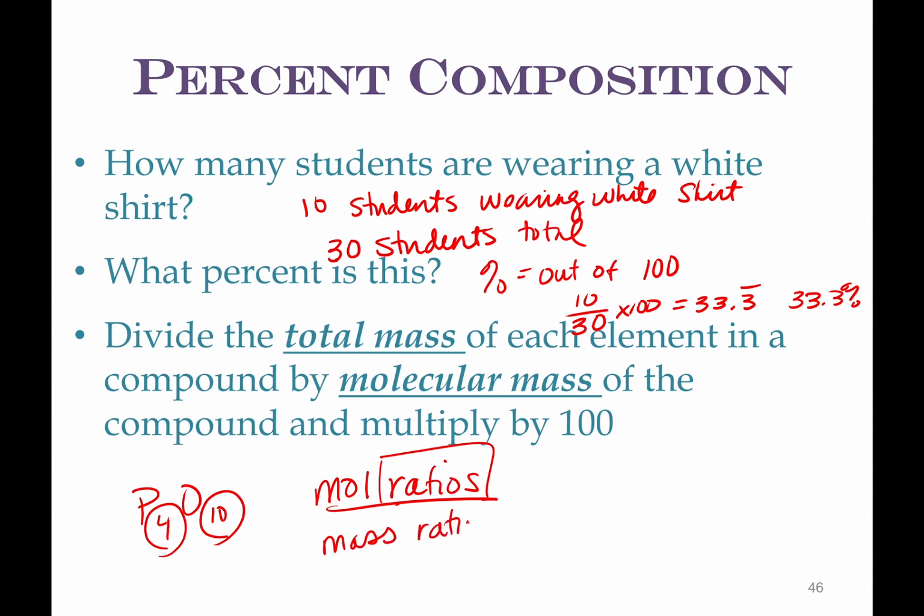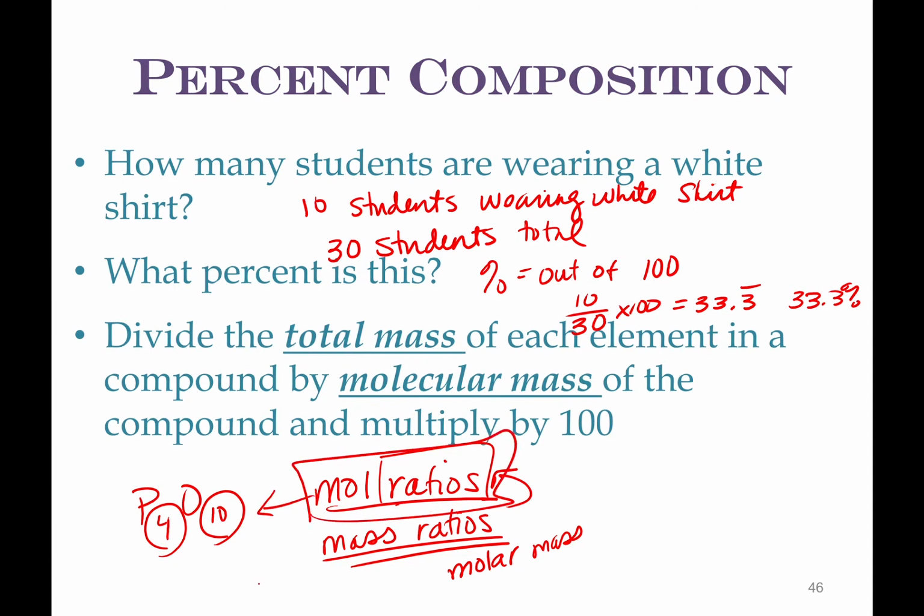We can use the mass to get to these ratios of moles by using the molar mass. Well, actually, it doesn't have to be molar mass. It can be the formula mass as well. The molar mass or the formula mass are the same number, right? We'll go through that. So we can use those to get to these mole ratios, and we can figure out what those numbers are. So that's exciting.